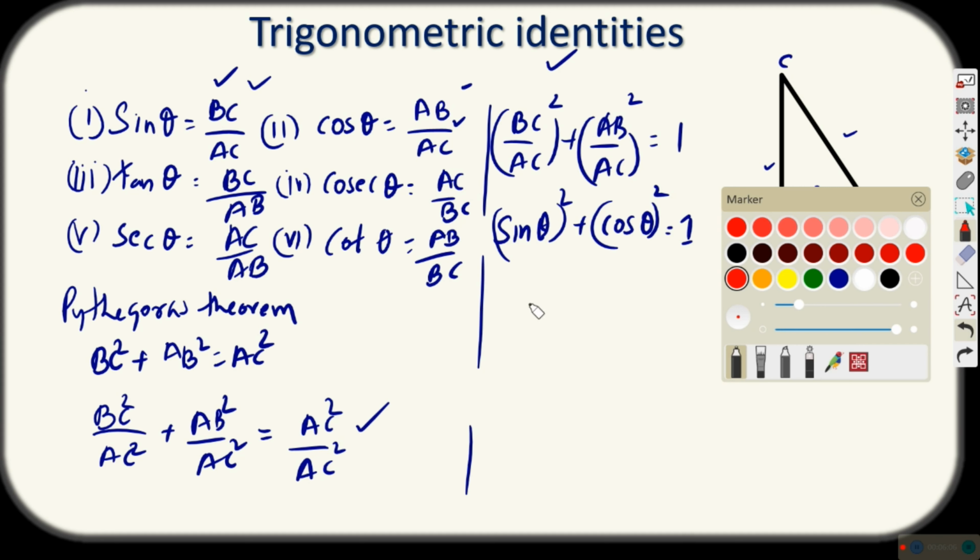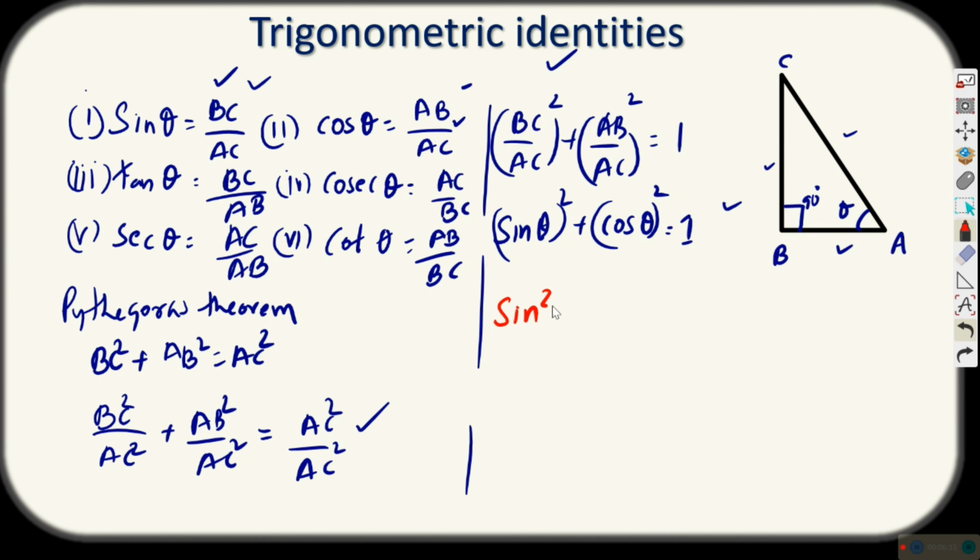The way of writing is sine square theta plus cos square theta is equal to 1. My dear students, you have to understand this and learn it by heart, as it is one of the identities for us now. Sine square theta plus cos square theta is equal to 1.